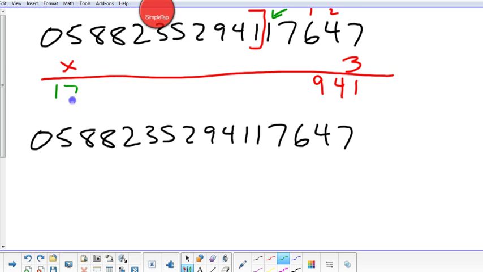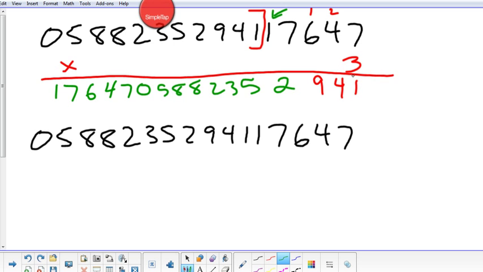I know the answer is going to be 17647, and then go back to the front here, 058823, I'm sorry, that's a 3, isn't it? How do I undo that? Oh, crud. Okay, 058823529411.